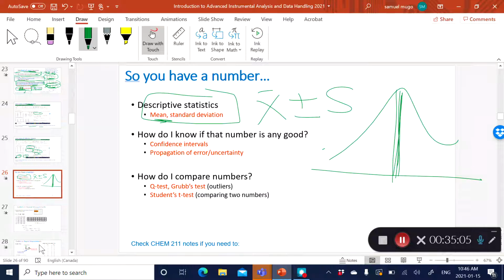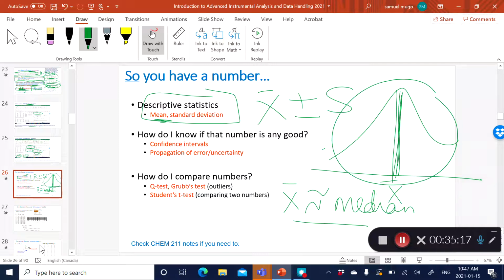In most cases, you would find the mean is equal to the median if you've got a normal distribution. But if the distribution is not normal, meaning it's skewed, then you're going to see the mean is not equal to the median.